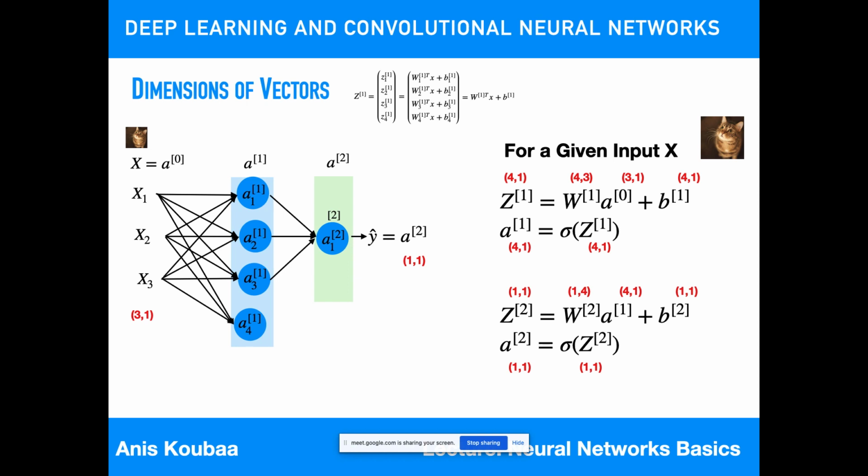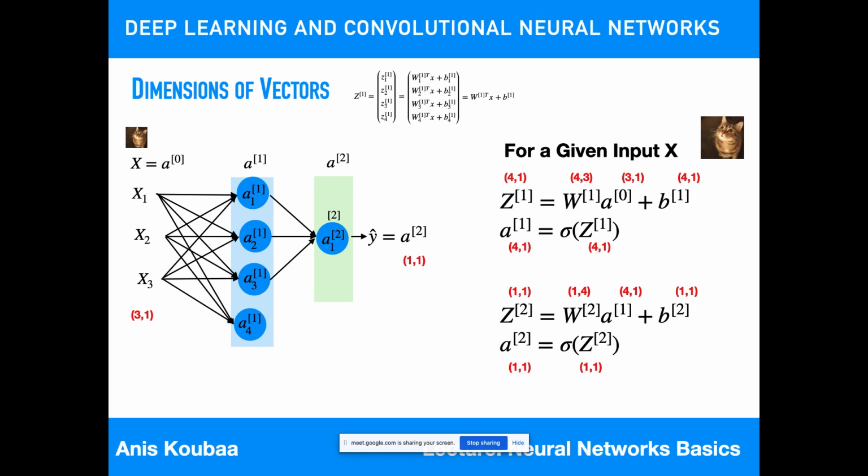Yes, doctor, please. Could we say now we have two nodes in the last layer, A2? What will be W? If you have two nodes, it means you will have two outputs. So W will be 2, 4. So always, doctor, the last layer must be one node to make one output? No, this is in the case of logistic regression, because in logistic regression we have a sigmoid function at the end that will give one value between 0 and 1, a probability.